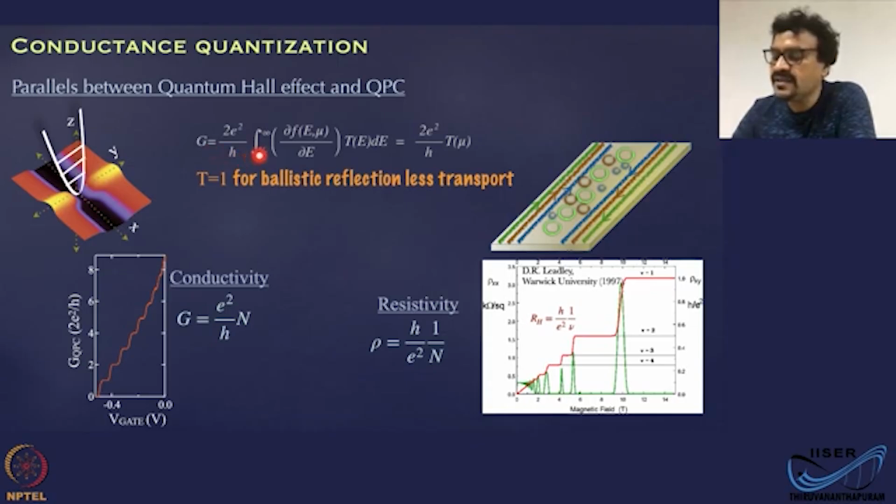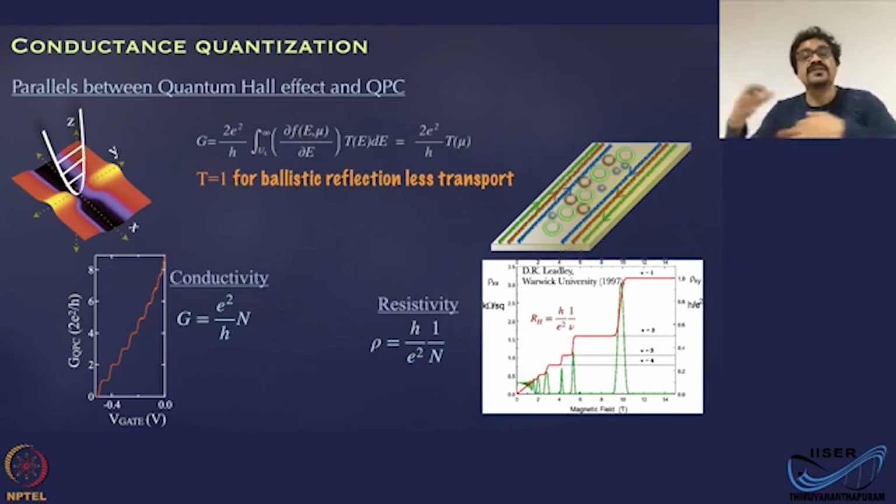Now you have the formula for conductance here, which is 2e square by h times the transmission coefficient. Again, we are considering the transport at very low temperature, in the ballistic reflectionless regime, where T is equal to 1 for every channel. And there is no mixing between the channels. You also have to consider that part here. I want to mention that in this case these channels are the eigenstates for the harmonic oscillator potential, a parabolic potential.